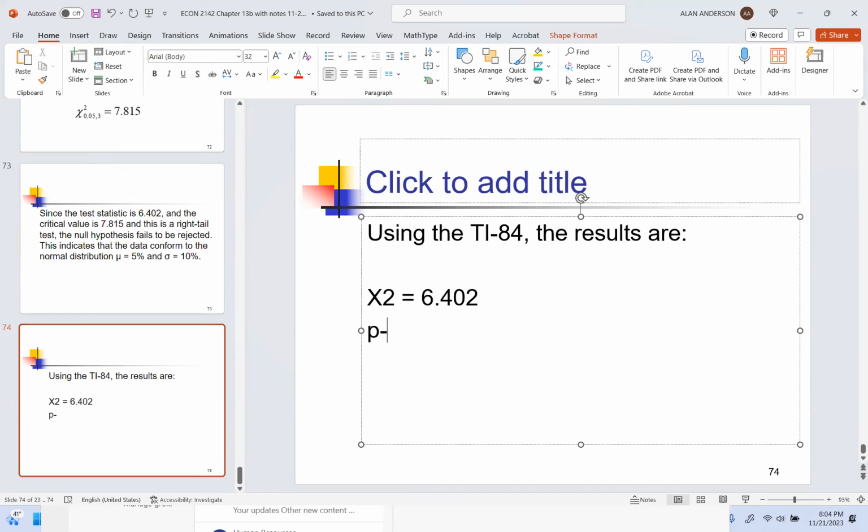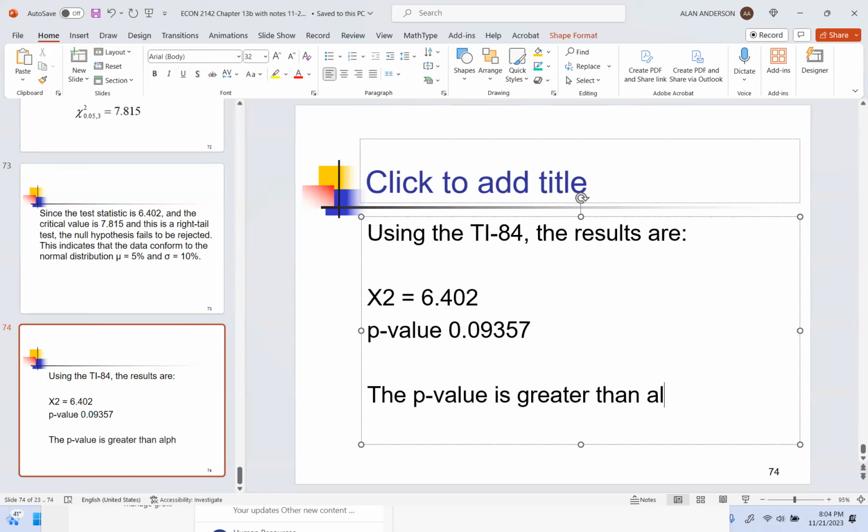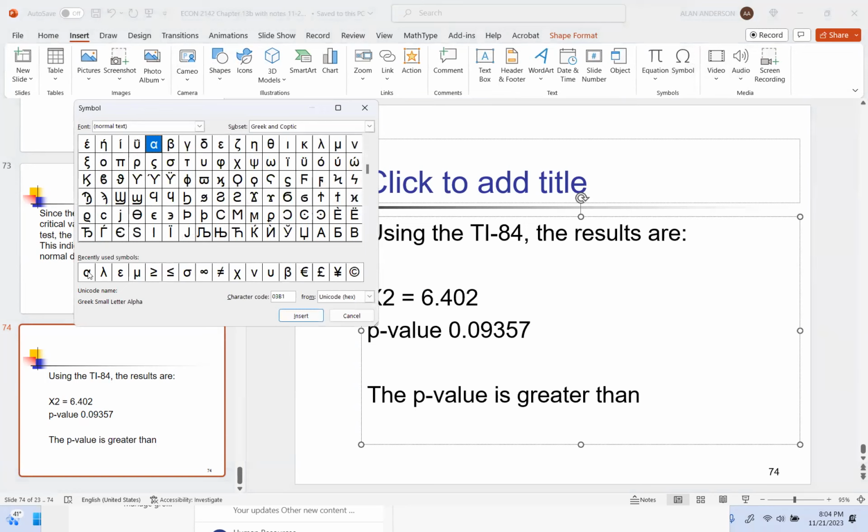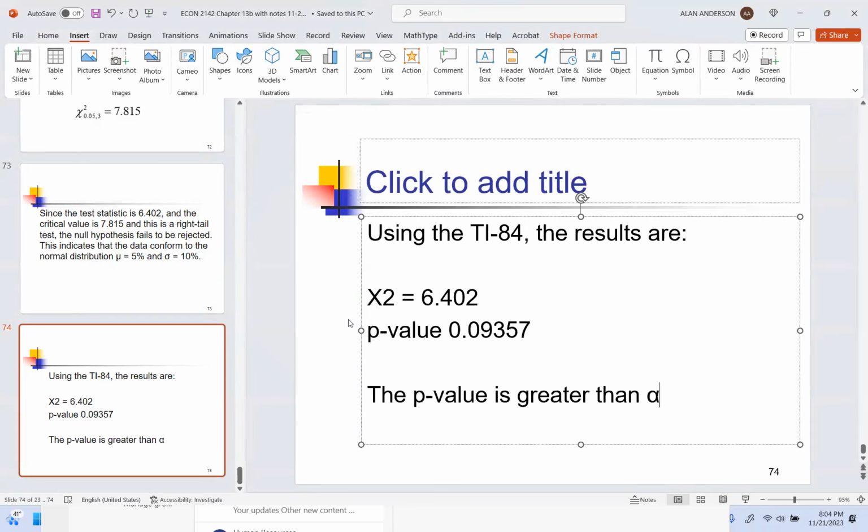And your p-value is 0.09357. So the p-value is, of course, greater than alpha, or obviously the level of significance. Therefore, we do not reject the null hypothesis.